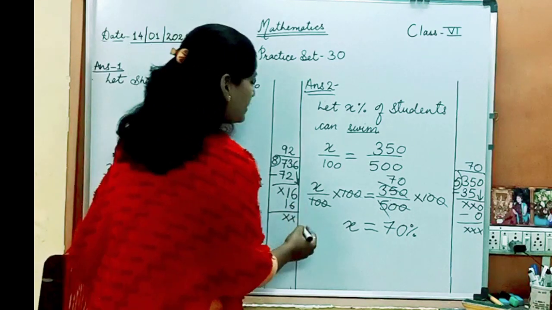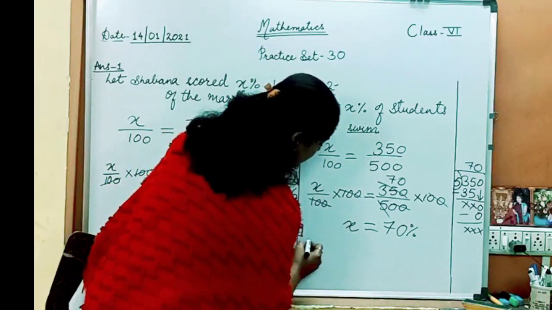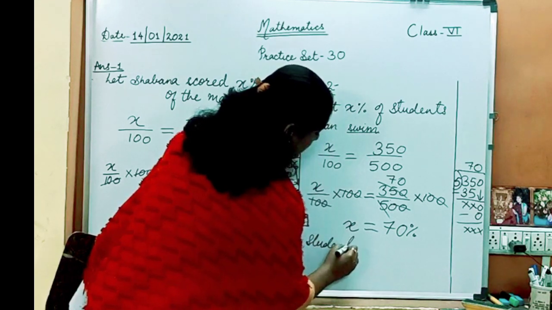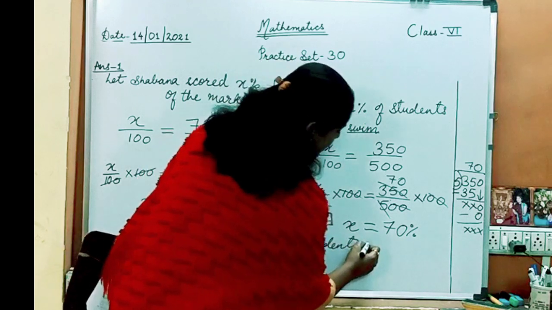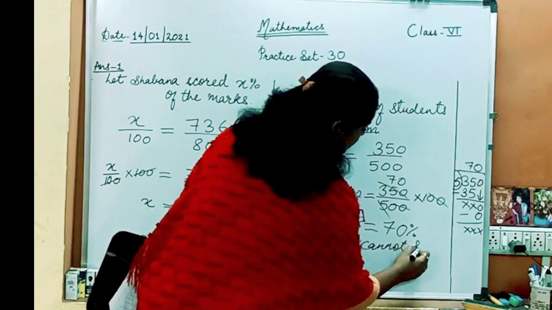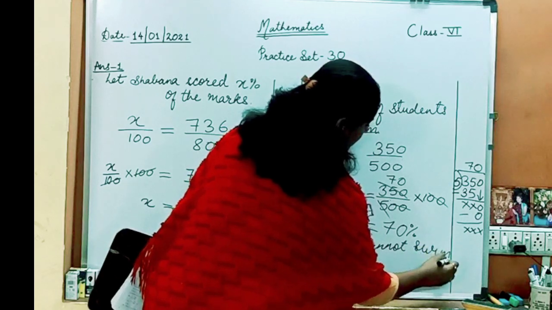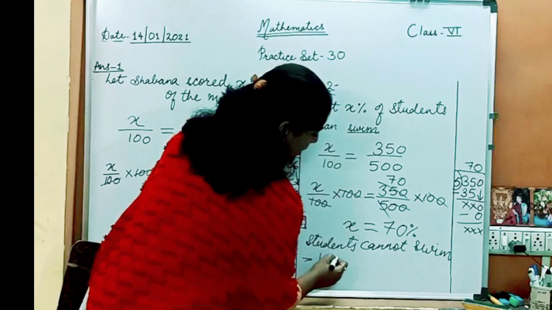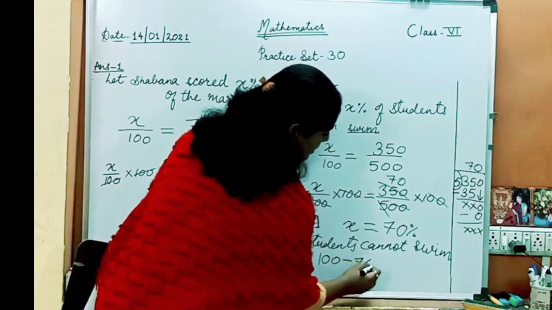Okay, let us see. Students who cannot swim is equal to 100 minus 70.